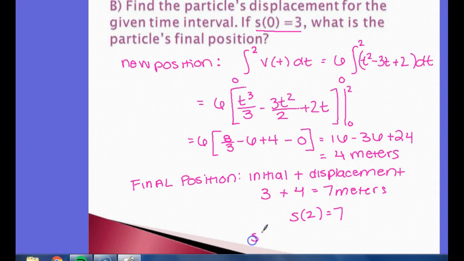So your position function would be 6 distributed to this, so that's 2t cubed minus 9t squared plus 12t. What do we add to our position function? We usually have a plus C. What is my C? 3.